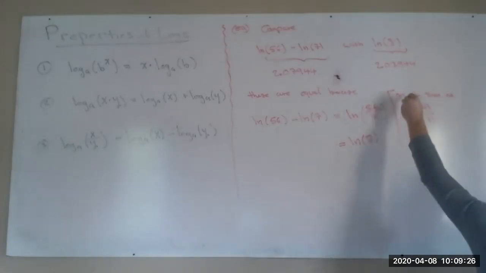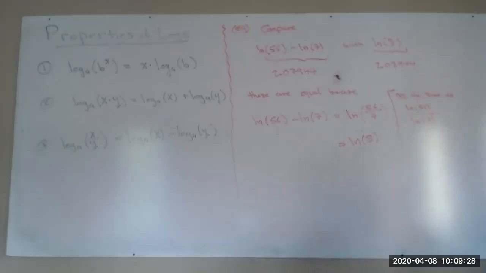They're very different. So ln of x minus ln of y is the ln of x over y, which is not the same as the ln of x over the ln of y. And that's what I mean when I say you have to use these properties exactly as they're given.